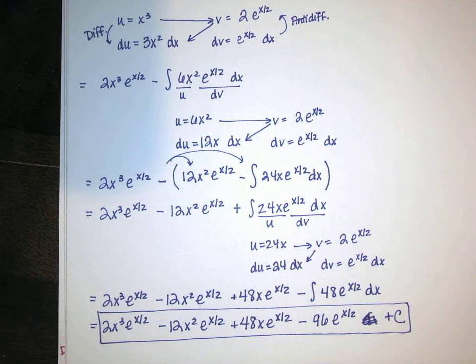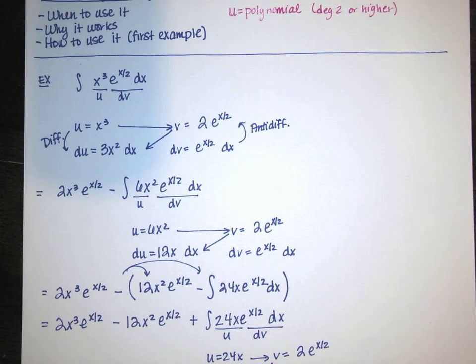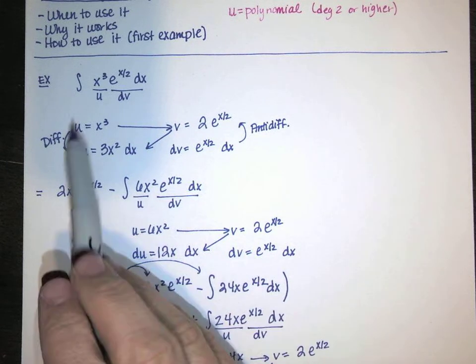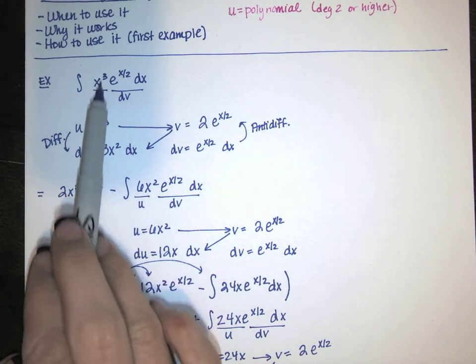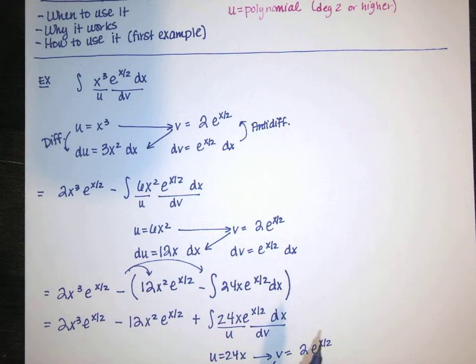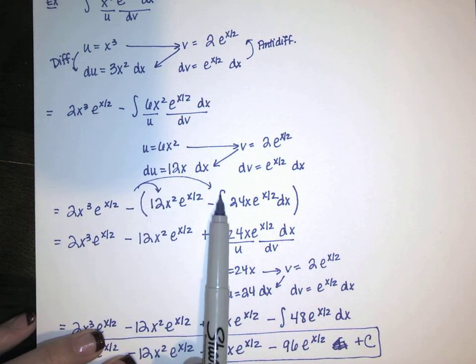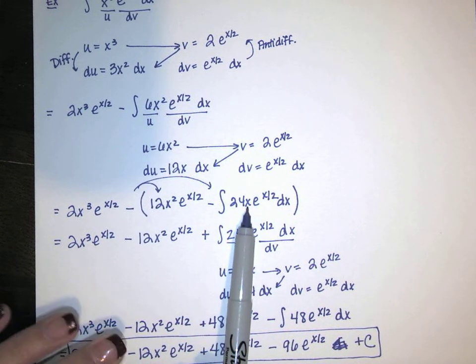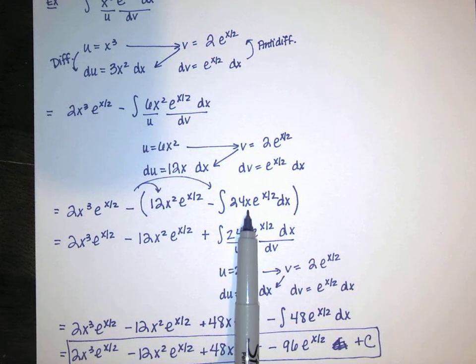Okay, so that is an example, pretty long, where tabular integration would have helped us. See, with u being a third degree polynomial, I had to use integration by parts 3 times. The first time, this integral became a second degree polynomial. And then the second time, after integration by parts, it left us with a first degree polynomial. So every time we do integration by parts, the degree of the polynomial that I'm anti-differentiating goes down by 1.